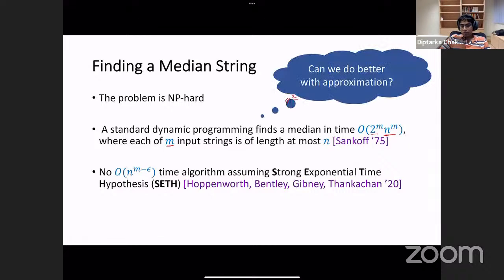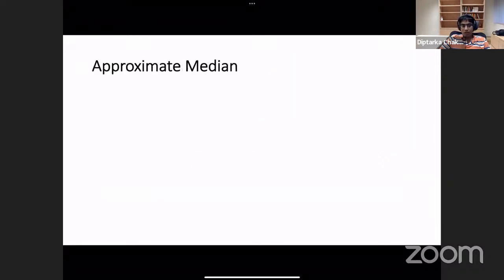So now again, the question is, can we do something better with the help of approximation? So what is an approximate median? Already in our first talk, Arindam introduced us to the definition of an approximation algorithm. Most of us already know about it, but just to make sure we are on the same page, here is the definition. Suppose the optimum objective value attained by a median string is denoted by opt.